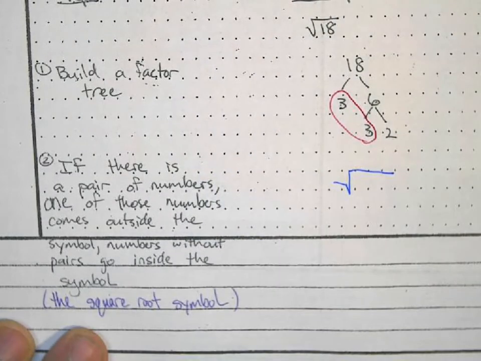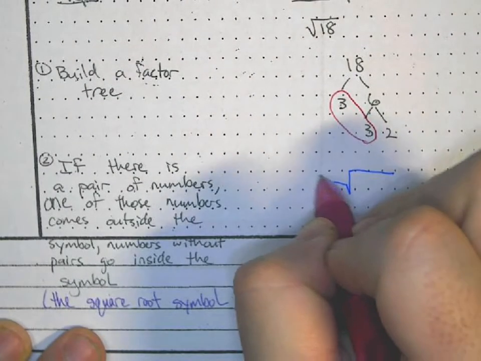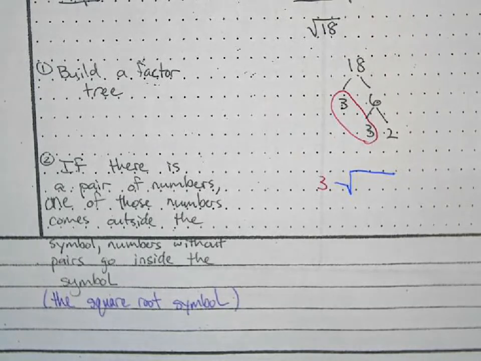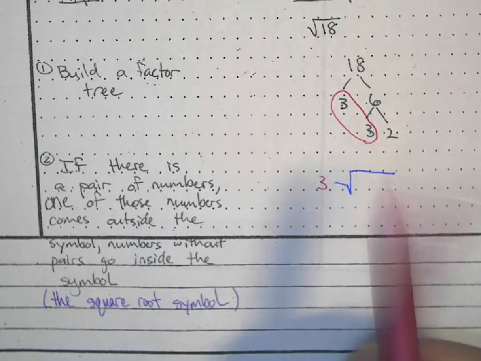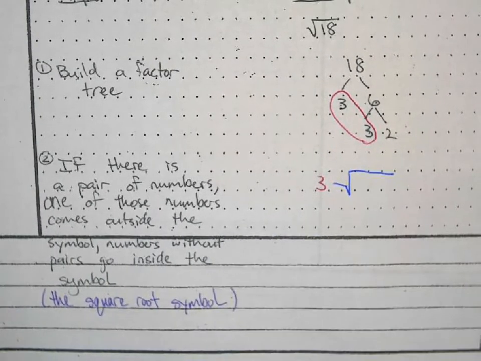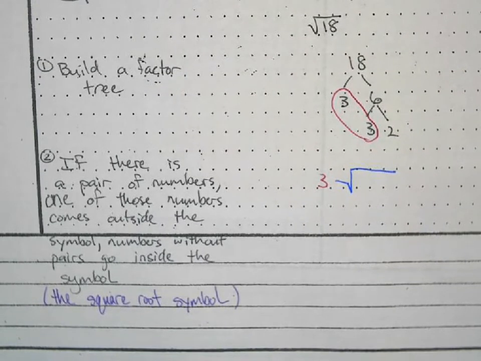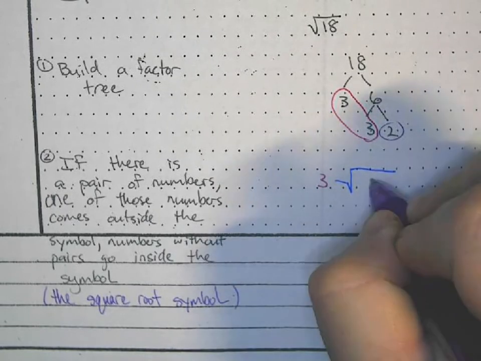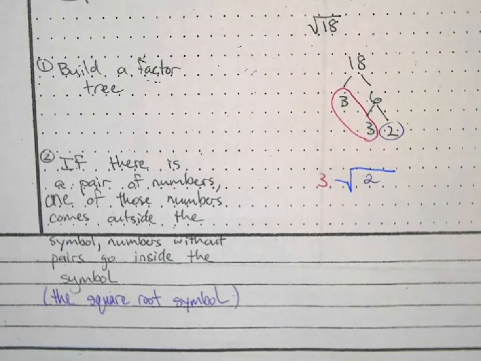That's a pair of 3s, so I'm going to write that number on the outside. Okay, are there any other pairs? We dealt with that pair, and all we have left is a 2, so there's no other pairs. Numbers without a pair go inside the symbol. So now my 2 does not have a pair, so it's going to go inside the symbol, like so.